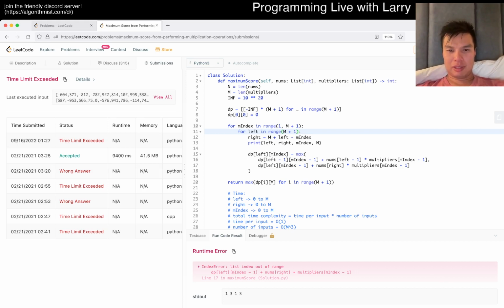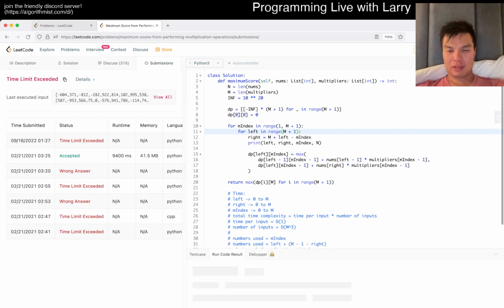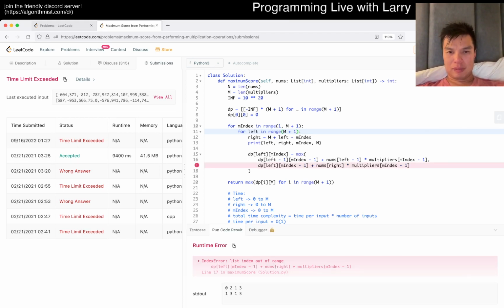So many silly possible errors. Zero, then right is, so n is 3, so 0 and 2 sounds right. 1 and 3 doesn't sound that right though. 1, 2, right should not be 3.